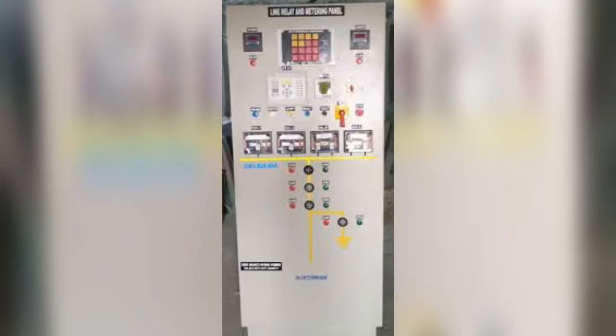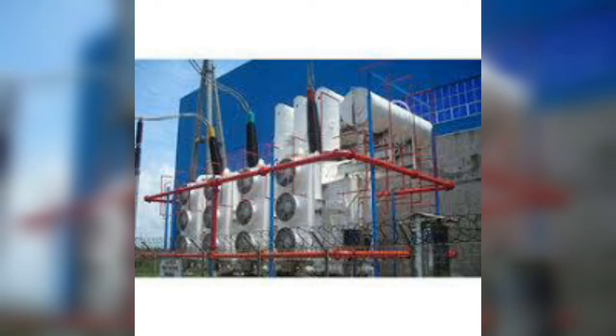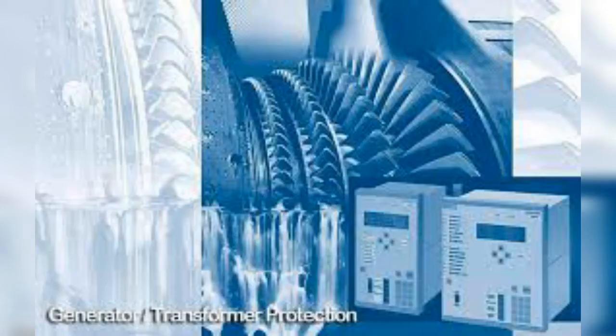Protection against insulation failure. The main protection provided in a stator winding against phase to phase or phase to earth fault is longitudinal differential protection of a generator, which increases with the size and the voltage of a generator.